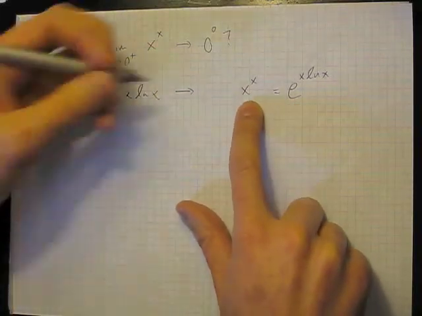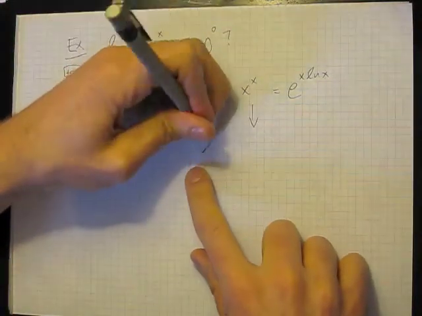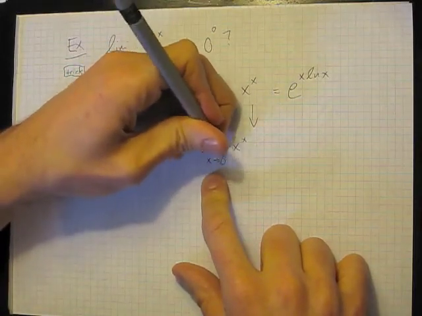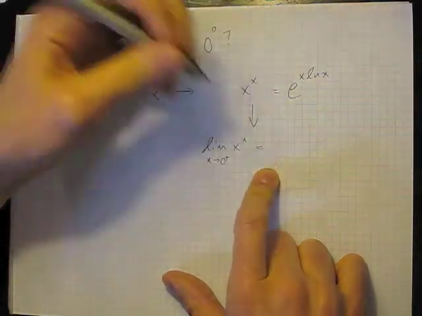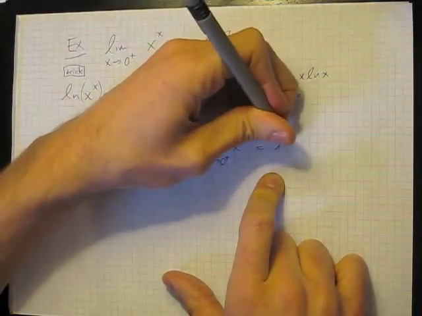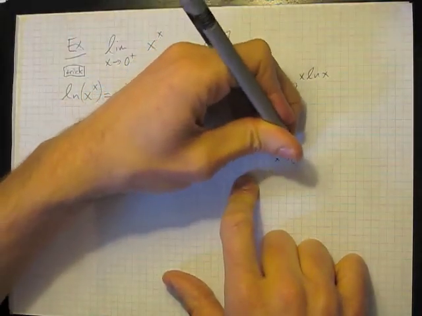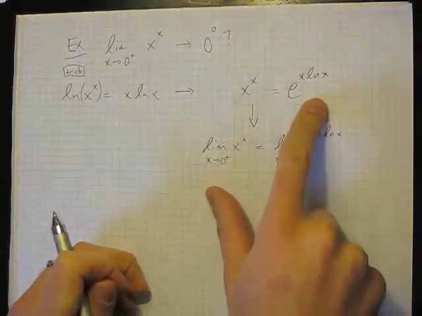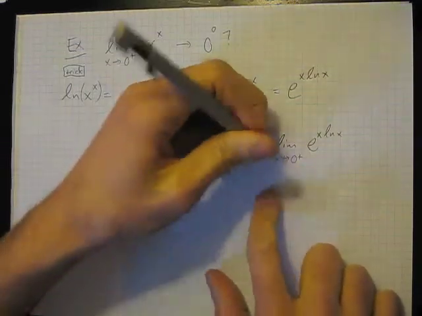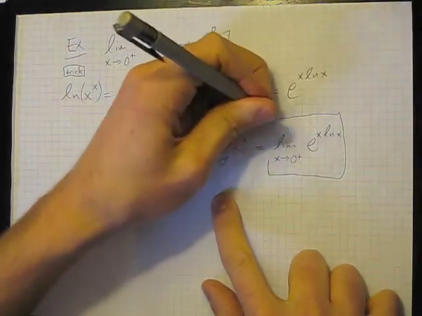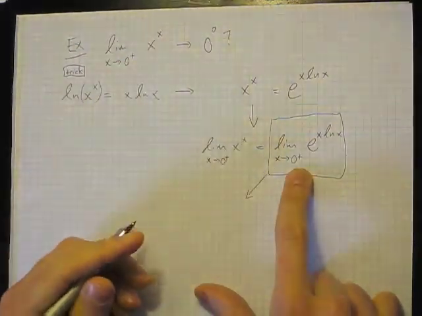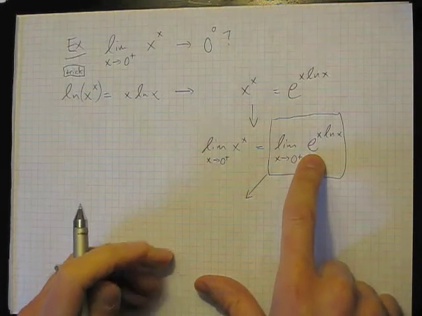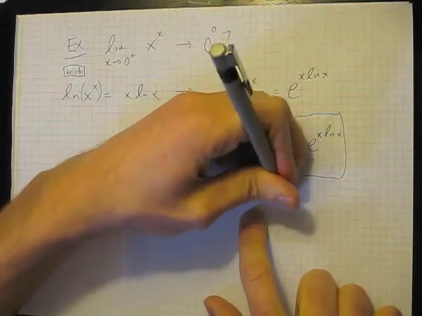And now, in order to take the limit of this, the limit of x to the x as x goes to 0 should be the same thing as the limit as x goes to 0 of e to the x log x, right? Same function, so the same limit here. But the key to this is that we can figure out what this is by passing this limit into the exponent, because the exponential function is continuous.